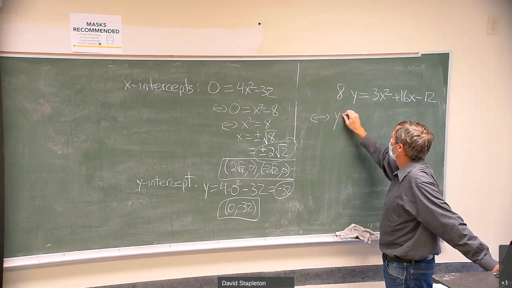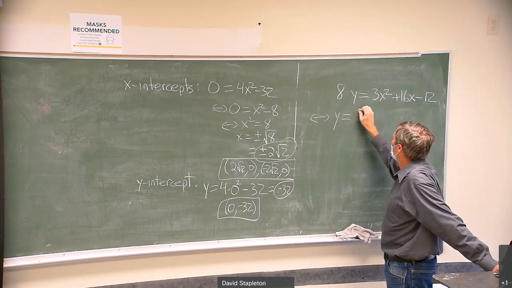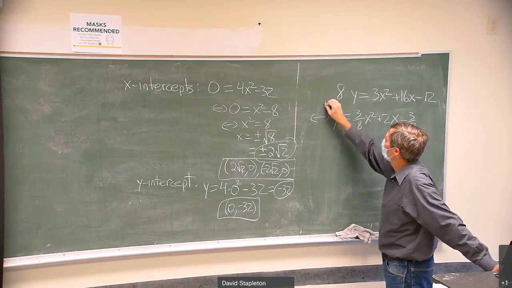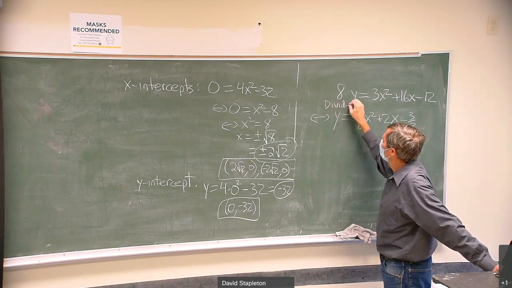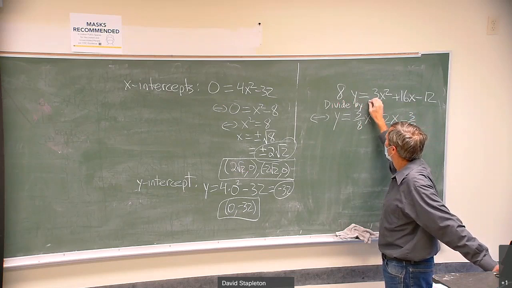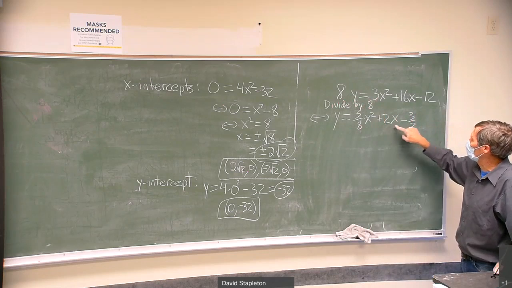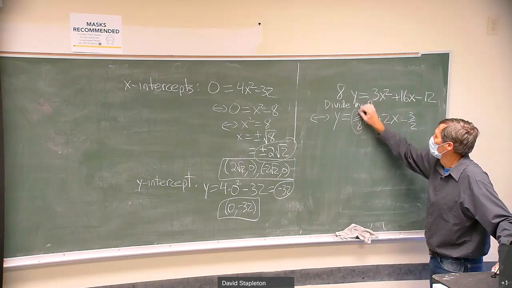Well, you can put it in that canonical or standard form, divided by 8. My y equals 3/8 x squared plus 2x minus 3/2. I divide by 8. Why am I dividing by 8? I want to put it in y equals ax squared plus bx plus c form, right?